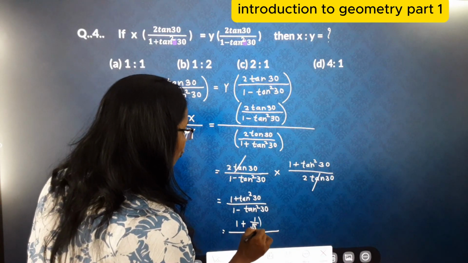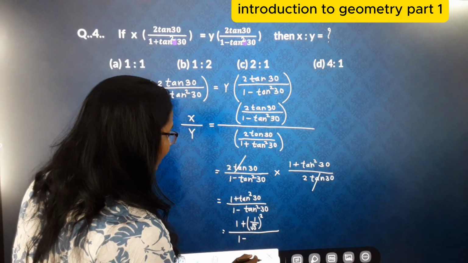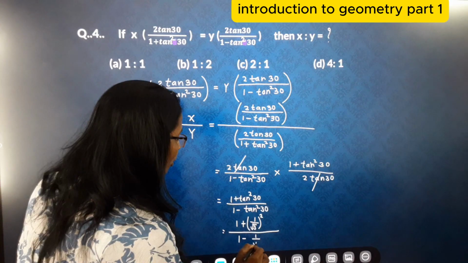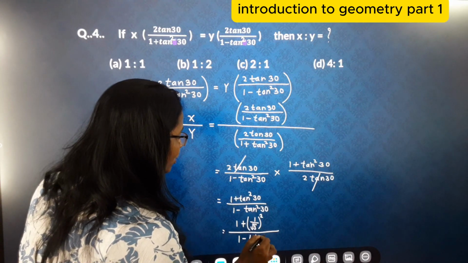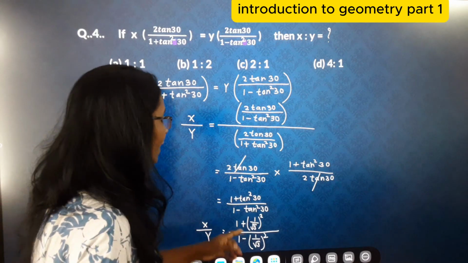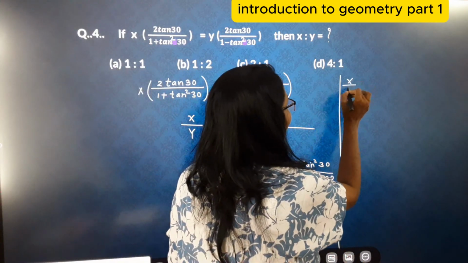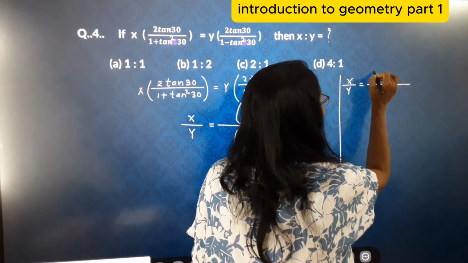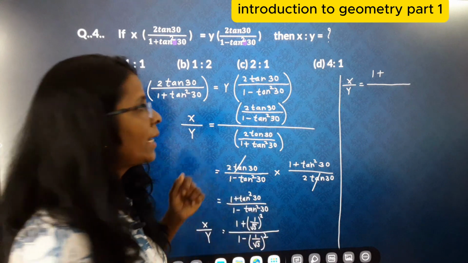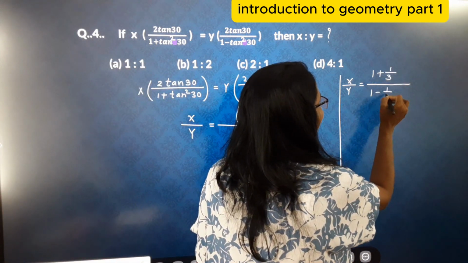So x upon y is equal to 1 plus (1 upon root 3)² upon 1 minus (1 upon root 3)². That means the square is 1 upon 3, so here also 1 minus 1 upon 3.